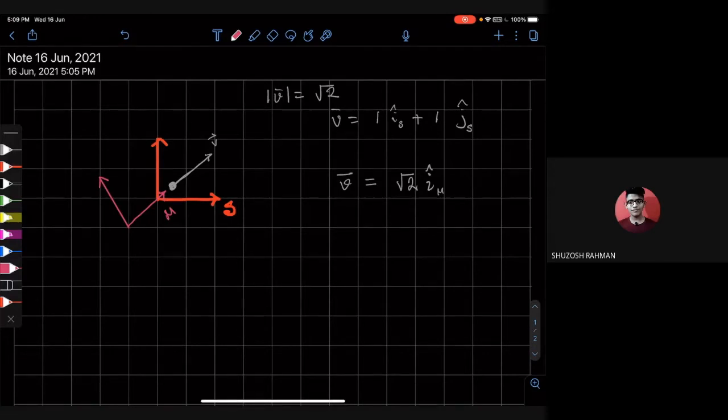Now, you know that this vector and this vector are the same. They're representing the same physical quantity. Do you agree? But their representation in different reference frames or coordinate systems has different components because you're choosing different bases for the same vector space.